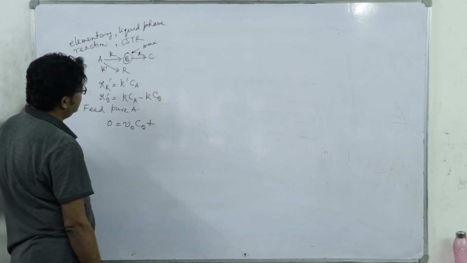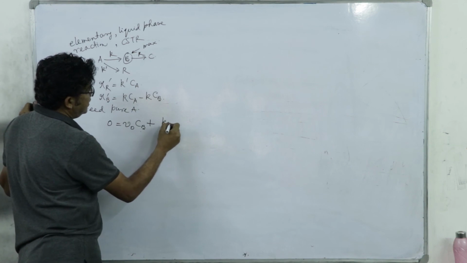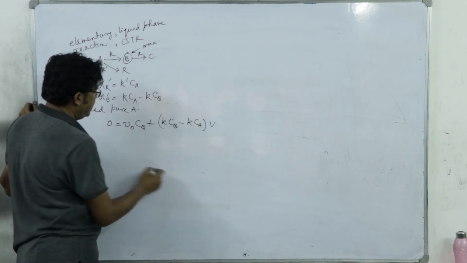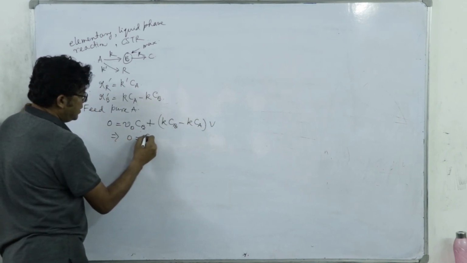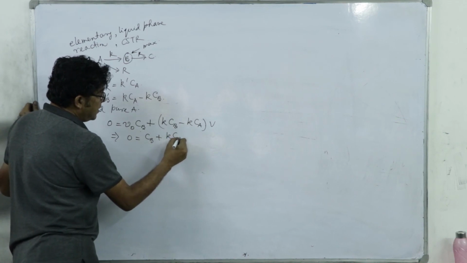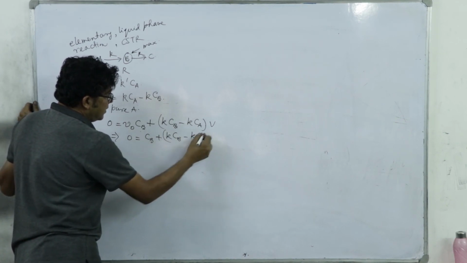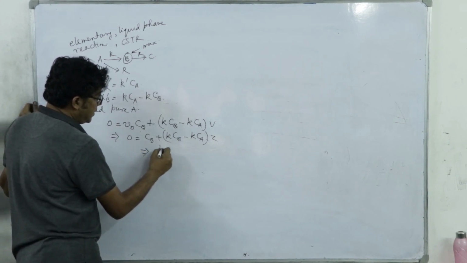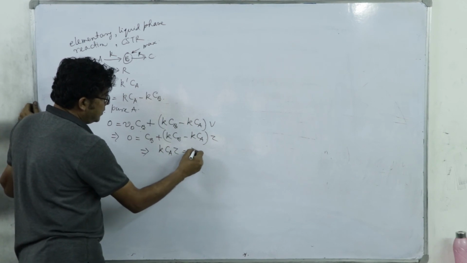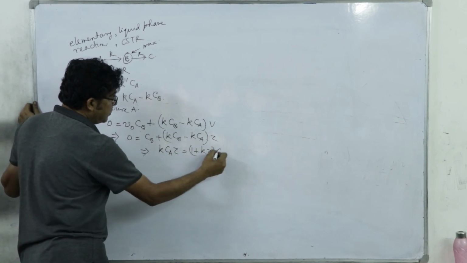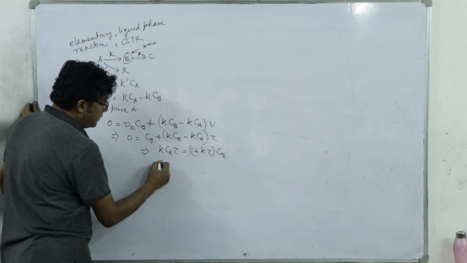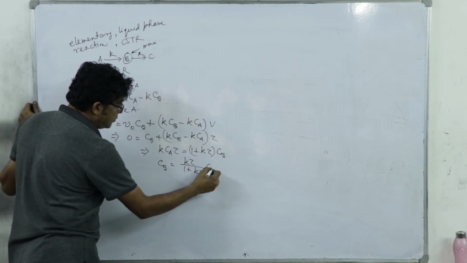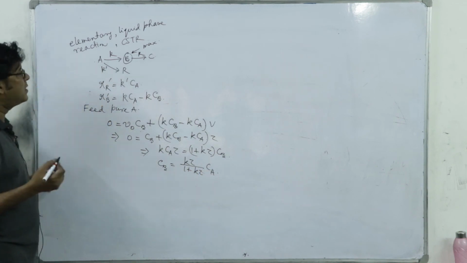Disappearance by chemical reaction, it is K Cb minus K Ca, whole bracket into V. So we have 0 equal to Cb plus (K Cb minus K Ca) into tau. So K Ca tau is equal to 1 plus K tau into Cb. So Cb is equal to K tau divided by 1 plus K tau into Ca. So very similar to the typical series reaction.